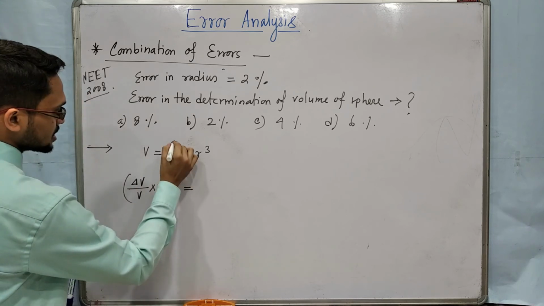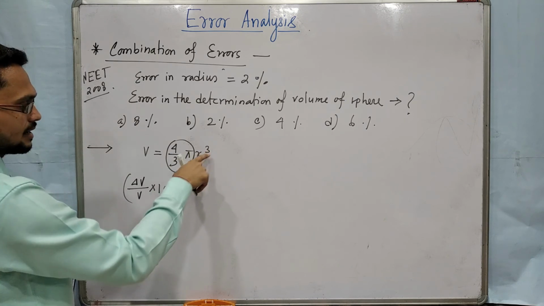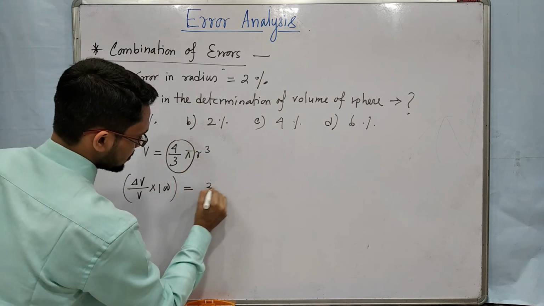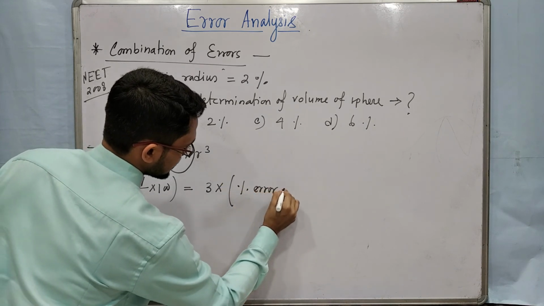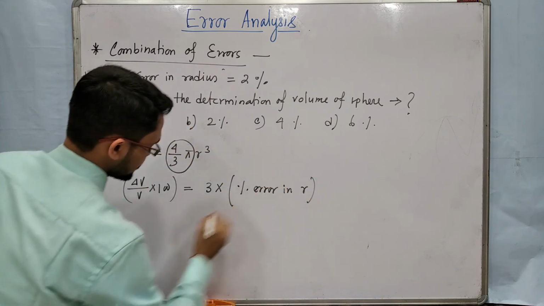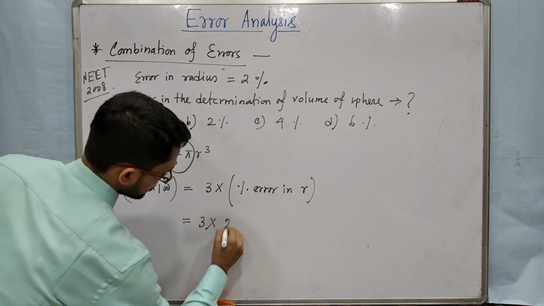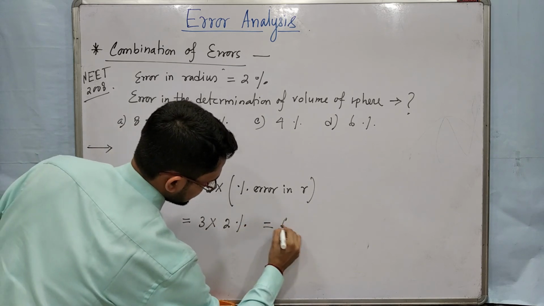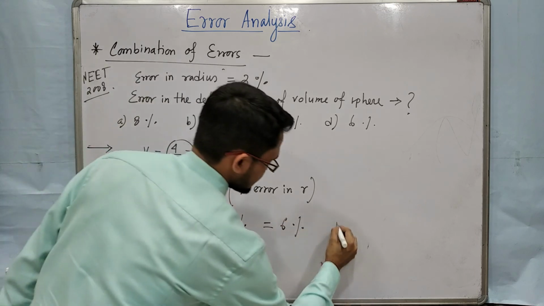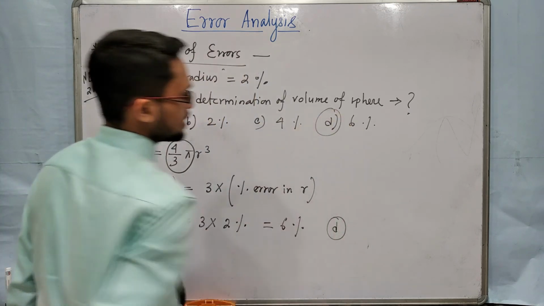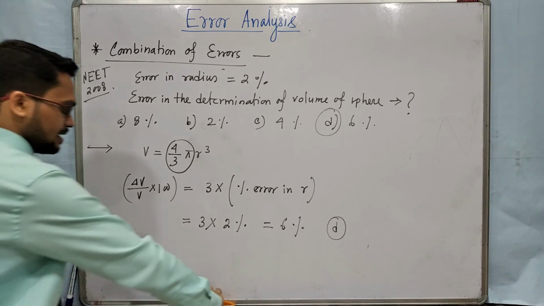This 4 by 3 pi will have no error. Only r cube will have error. And here power is 3, so 3 will come out. So 3 into percentage error in R. 3 into percentage error in R is given 2%, that is equal to 6%. Very easy. So right option is D. Understand? Clear?